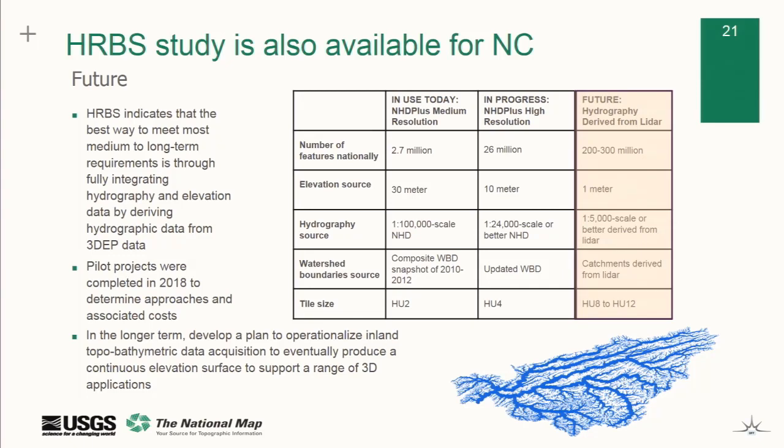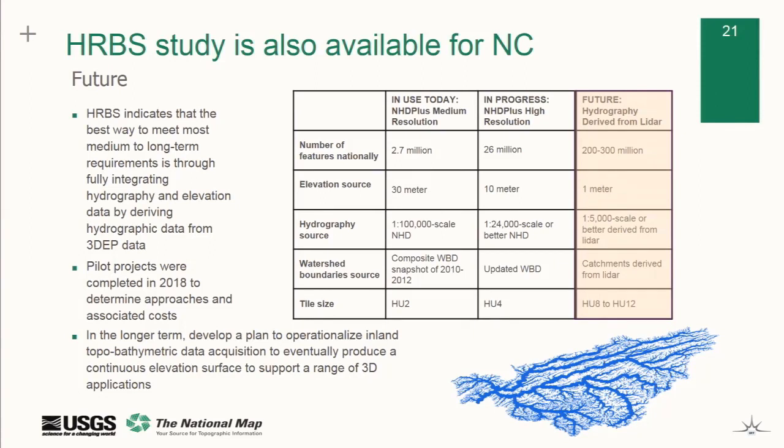Just to tell you about another study that we did, very similar to the elevation one, which was completed about a year ago: the Hydro Requirements Benefit Study. So we're doing it for elevation now. We've completed it for the hydro side.